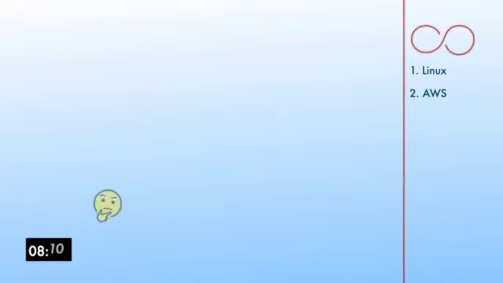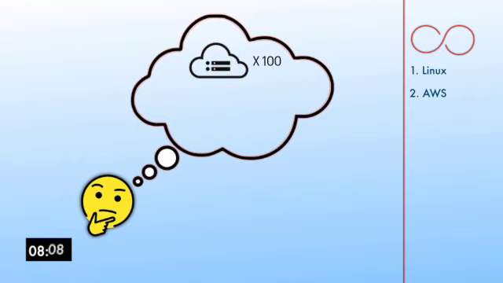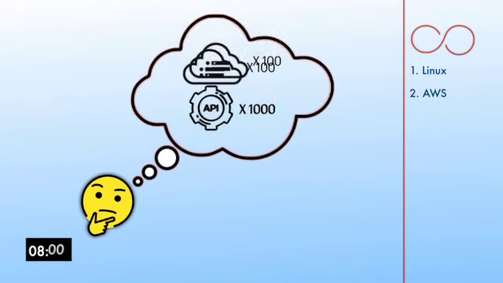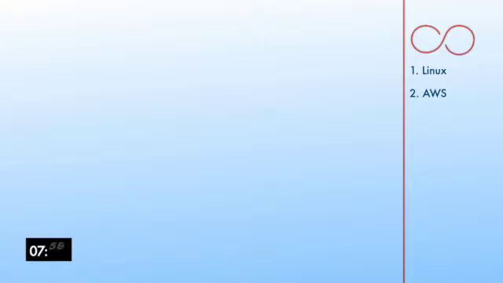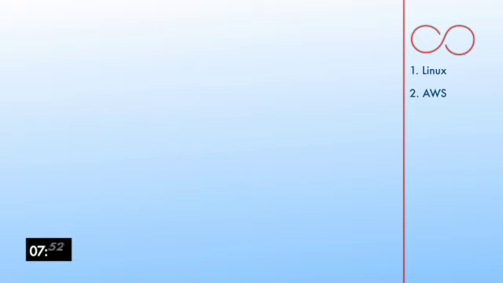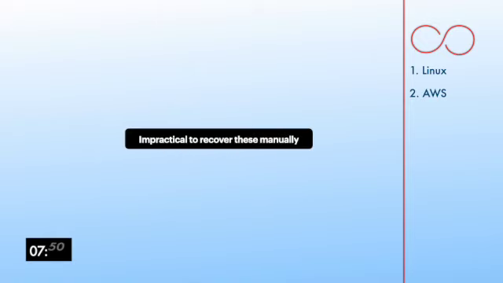Imagine working with thousands of servers, with tens of thousands of applications, and all of a sudden, everything is gone, just like that, because of misconfiguration or whatever reason. How can we possibly recover all that? How can we get back to the same state again? This is where infrastructure as code comes to help, because it will be difficult and sometimes impossible to recover that manually.